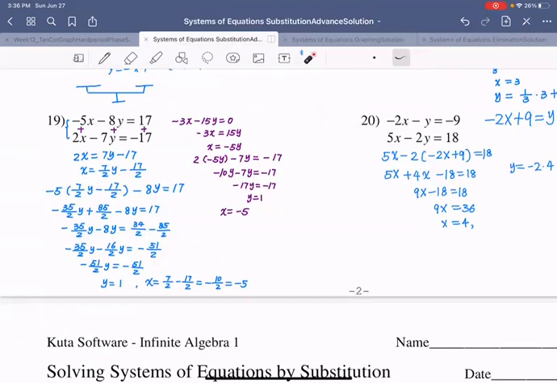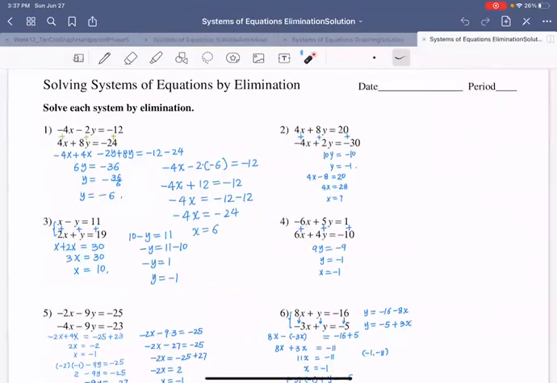Substitution: you find y equals somebody times x plus a number, or x equals somebody times y plus a number, and then you replace it in the other equation. You solve the one variable equation, find either x or y, and then plug back in to find your x, y crossing point. Very easy. The next method is called elimination.